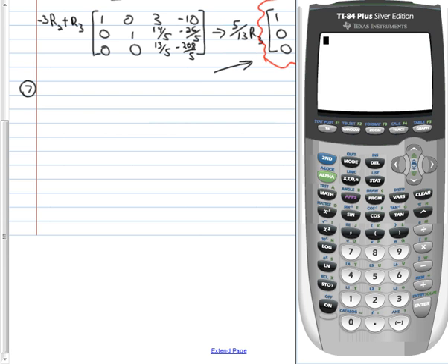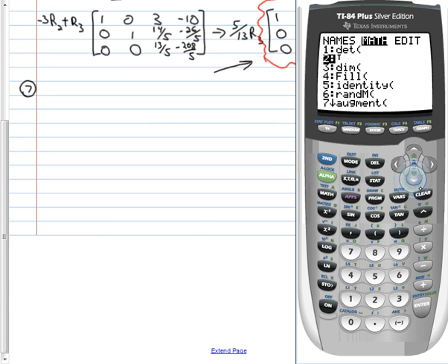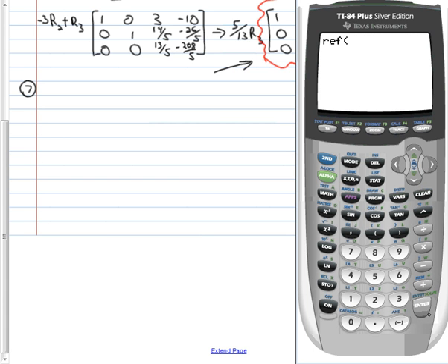What do I do after I get my matrix entered? Some of you are racing ahead, but what do I do after I get my matrix entered? Under my matrix, I need to do my math function, REF.